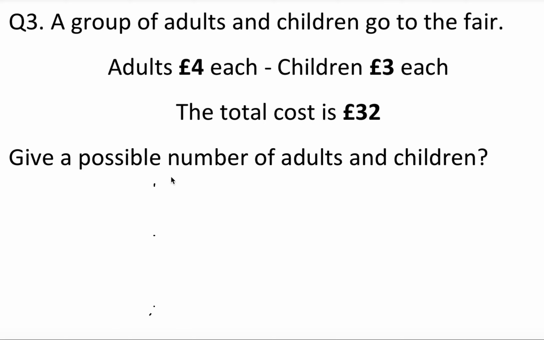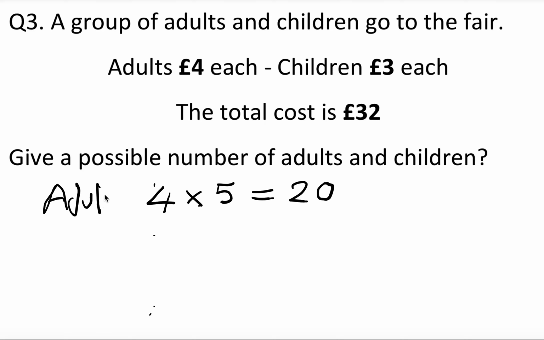So what if we say something like this? 4 times 5 equals 20. So that's the adults. Adults cost £4, and we say 5 of them is 20.